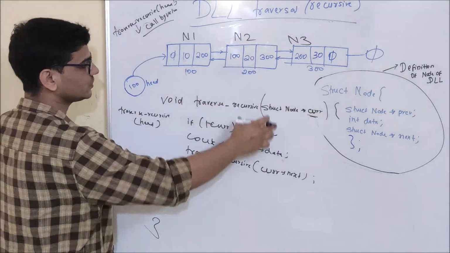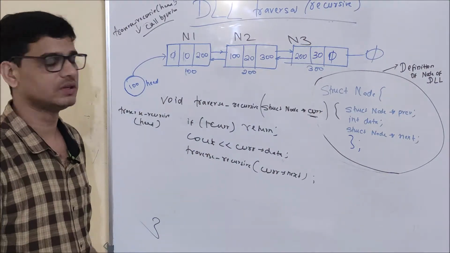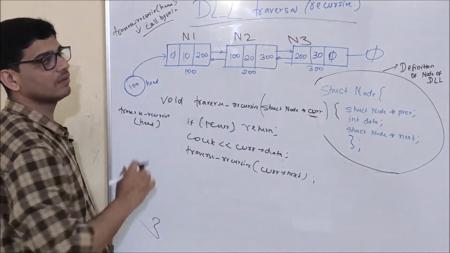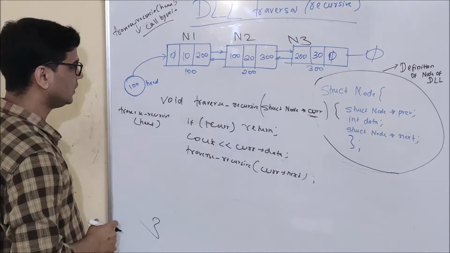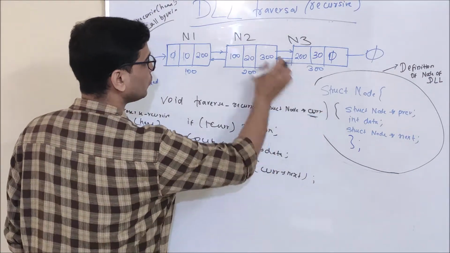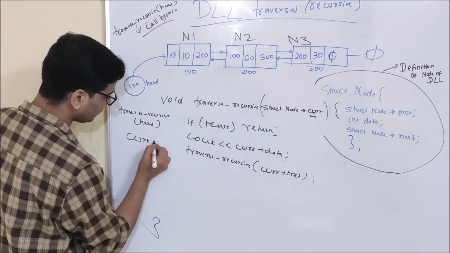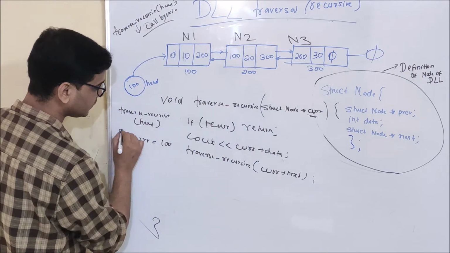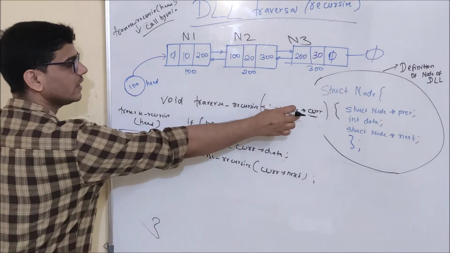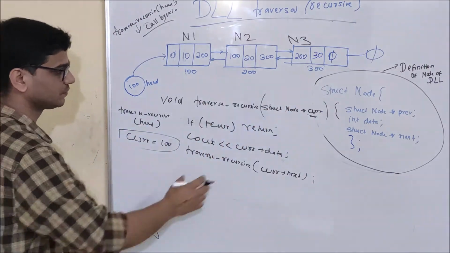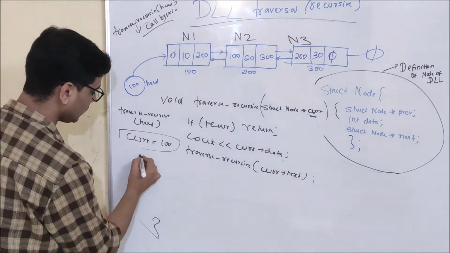And now let's see how this particular code will execute when we will make a call to traverse recursive head. So basically, when we will call traverse recursive head, our current will contain 100. Basically we were copying this head value in current pointer here. Okay.